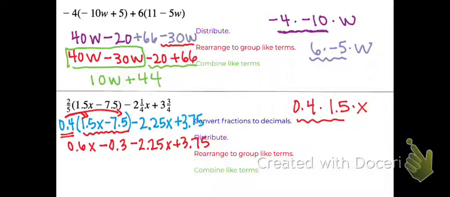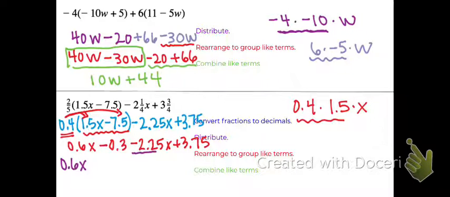And now I'm going to combine my like terms now that the parentheses are gone, to help make it more obvious what my like terms are to combine. I could first rearrange these terms so that the like terms are next to each other. So for example, that 0.6x, are there any others that are alike that have an x?